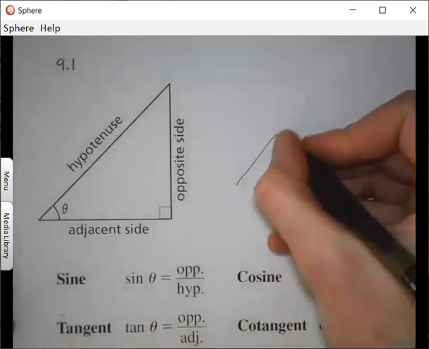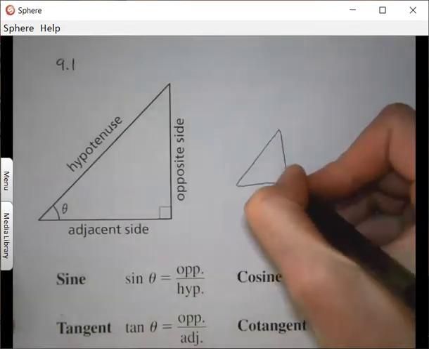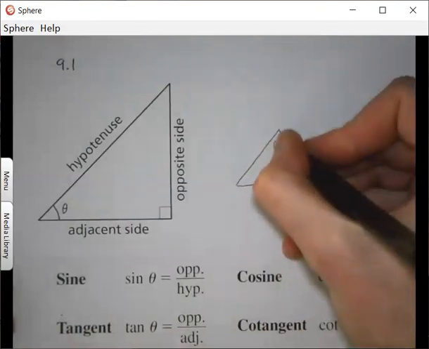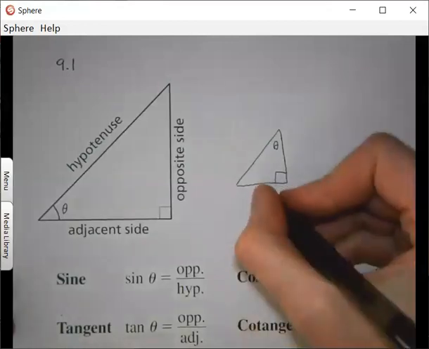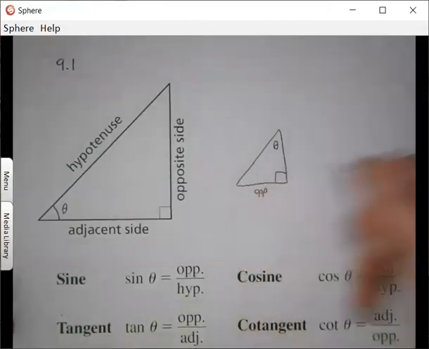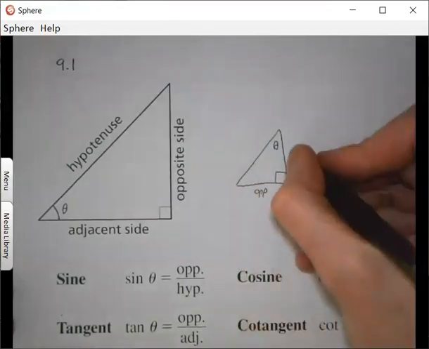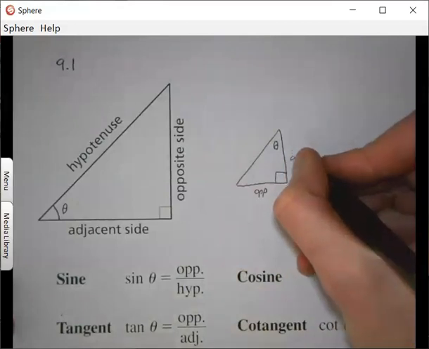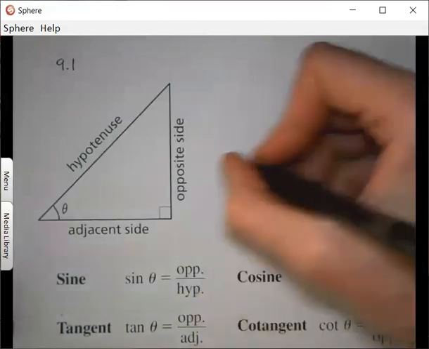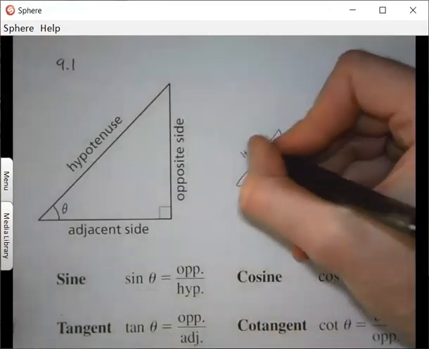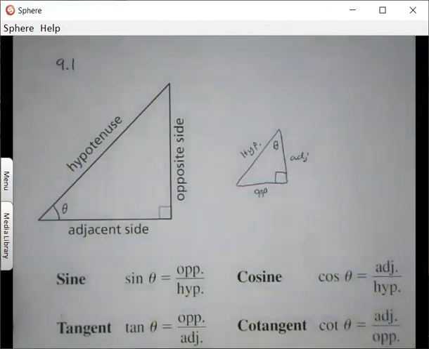So for example, if I was talking about this angle as theta instead, this side would be opposite. This side would be adjacent. And this side would still be the hypotenuse. Hypotenuse is always in the same place.